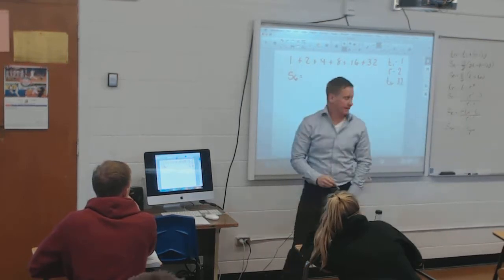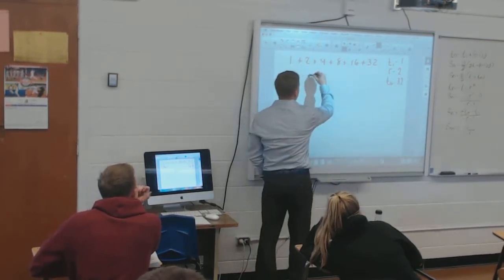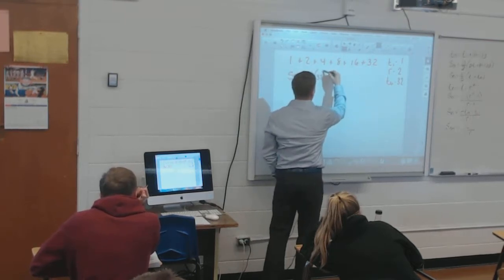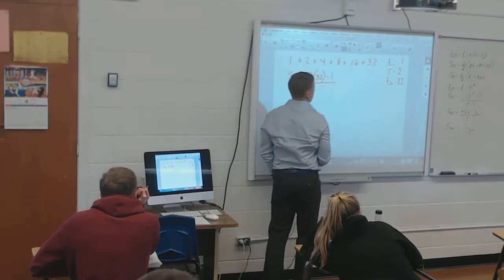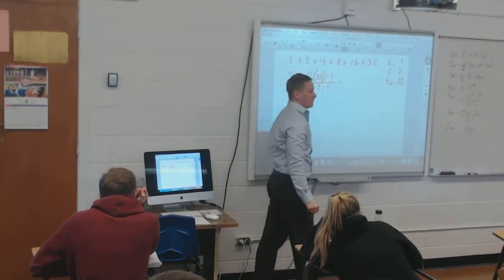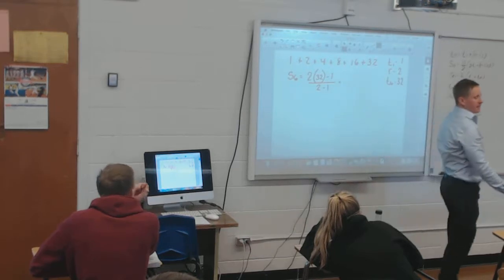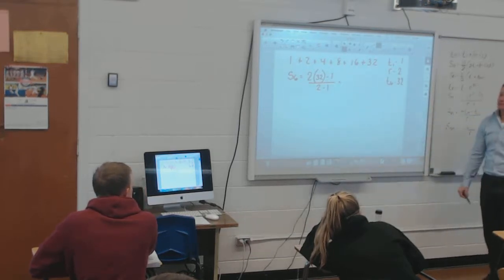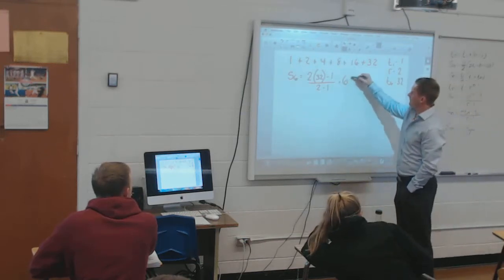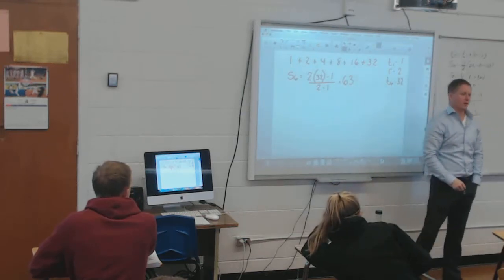So when I do that, I take my R value, which is 2, I multiply it by my Tn, which is 32, I subtract 1, over 2 minus 1, which is equal to. So what is the sum of the first 6 terms of this sequence? 63. There's all 1.4.